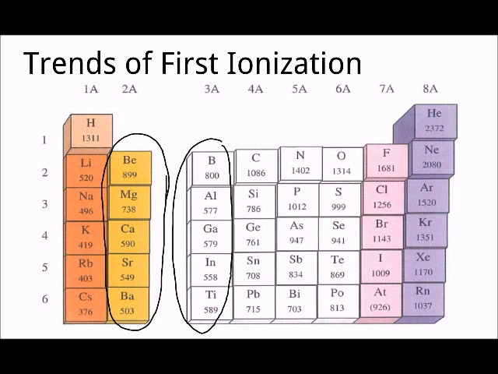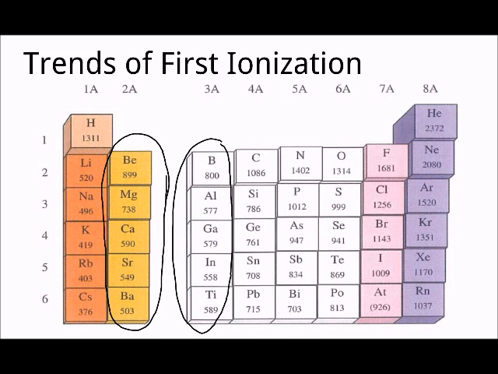And we can see that discrepancy. Beryllium 899, boron 800, magnesium 738, aluminum 577. Calcium is going to be 590. Gallium is 579, and you can continue downwards, and you can see each of those trends as you go across.